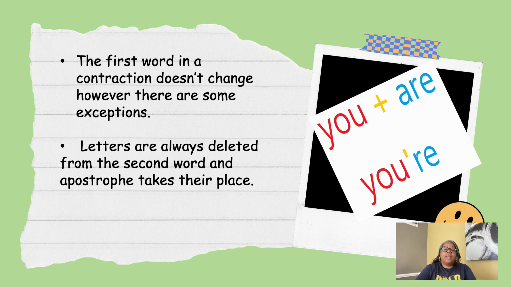Letters are always deleted from the second word, and an apostrophe takes their place. Looking at the example, you plus are. The A was replaced by the apostrophe. You plus are became you're.